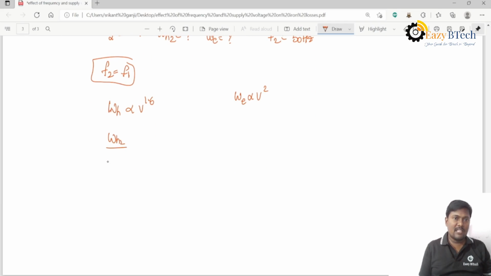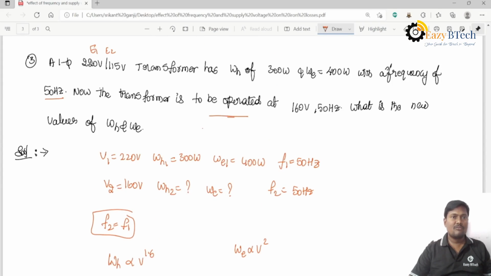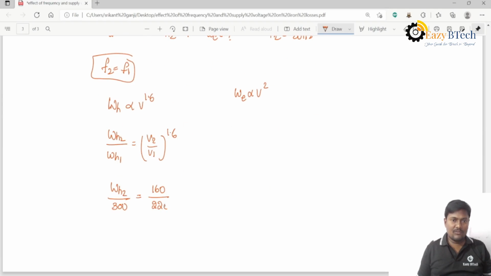WH2 divided by WH1 is equal to V2 by V1 whole power 1.6. WH2 divided by 300 is equal to V2 is 160 and V1 is 220, whole power 1.6.